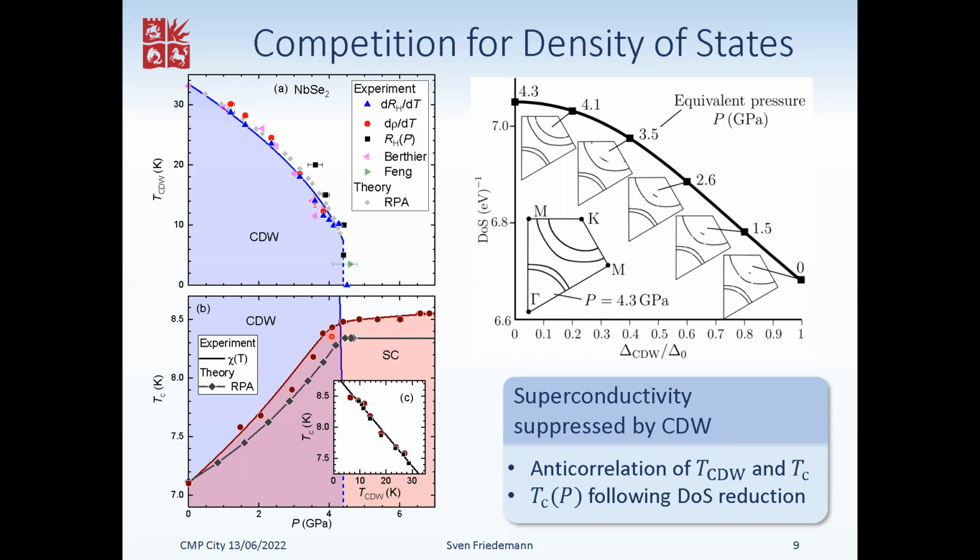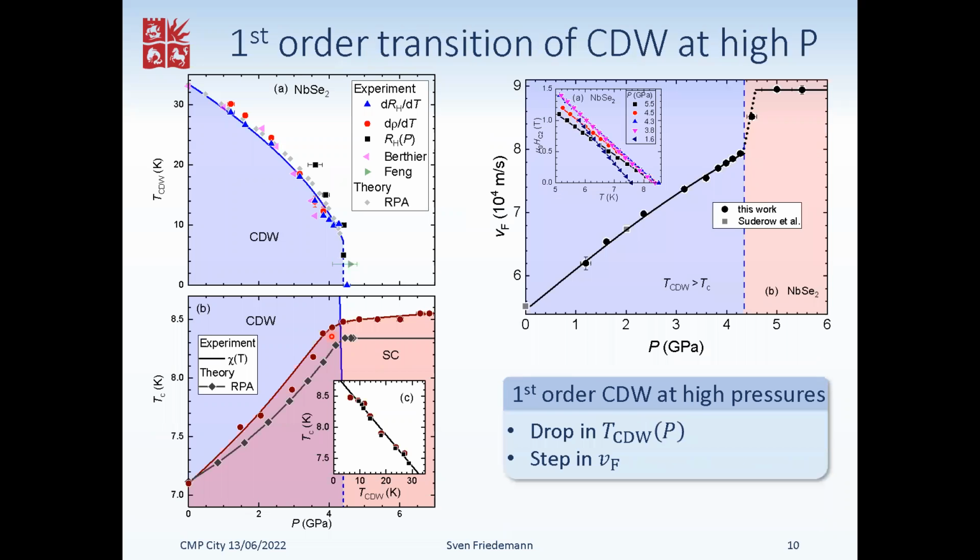The first order nature of the Fermi surface reconstruction, as I said already, is visible in the Hall effect, but it is also visible in the superconducting properties, where the charge density wave suddenly disappears completely.